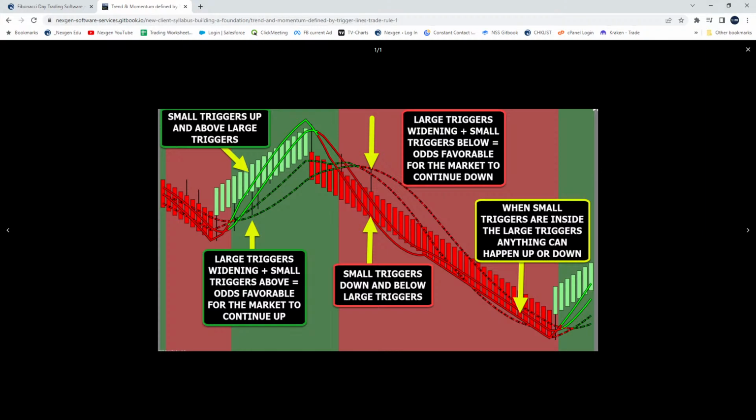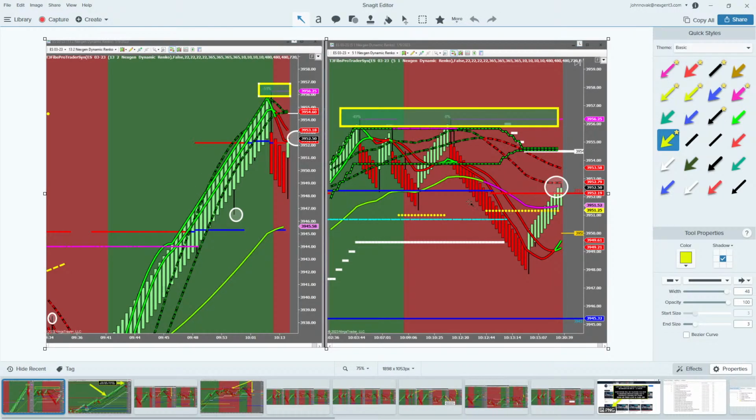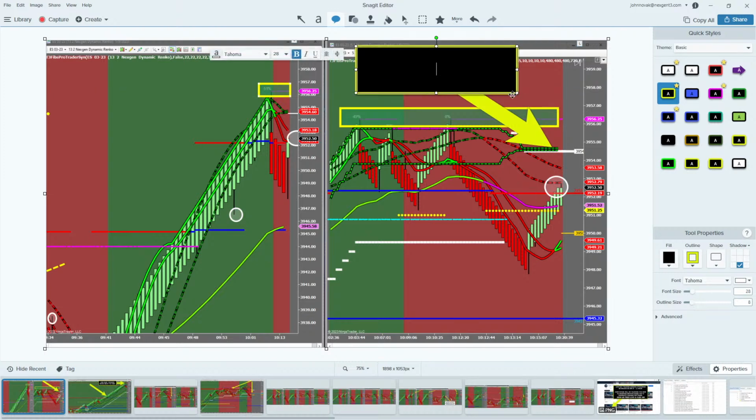The reason I froze it in time is because it's a trick, right? It's easy to see when somebody points it out to you, but look, this is your 13.2 large trigger. Now, would you guys agree with that analysis? The 13.2 large trigger is crossed up and it's above the fibs.